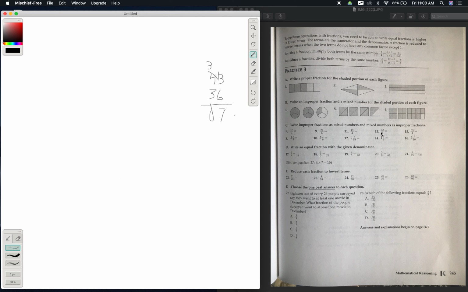Again, let's do this one, 2 and 5 over 12. So 2 times 12 is 24. Then add the 5, 29.